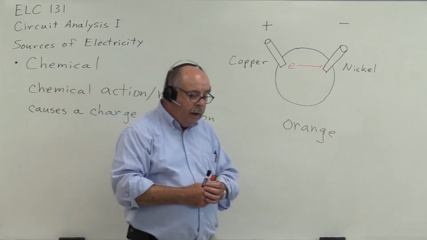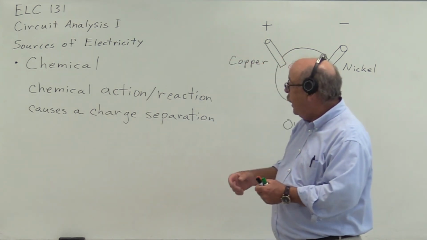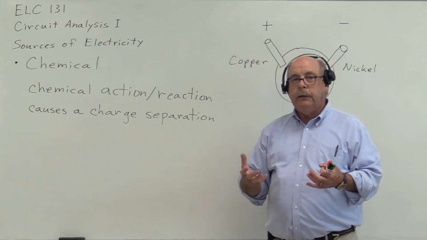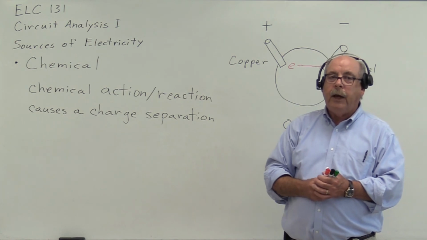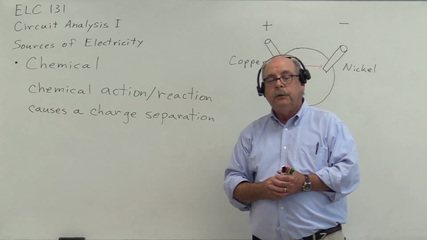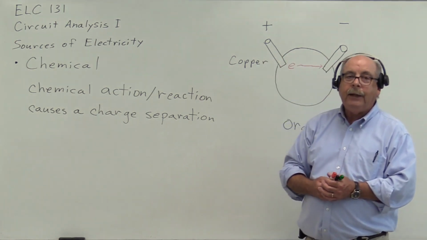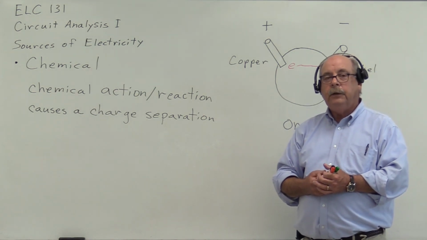So a chemical action requires us to have an electrolyte, and it requires us to have two dissimilar metals to be used for the anode and cathode of the cell.